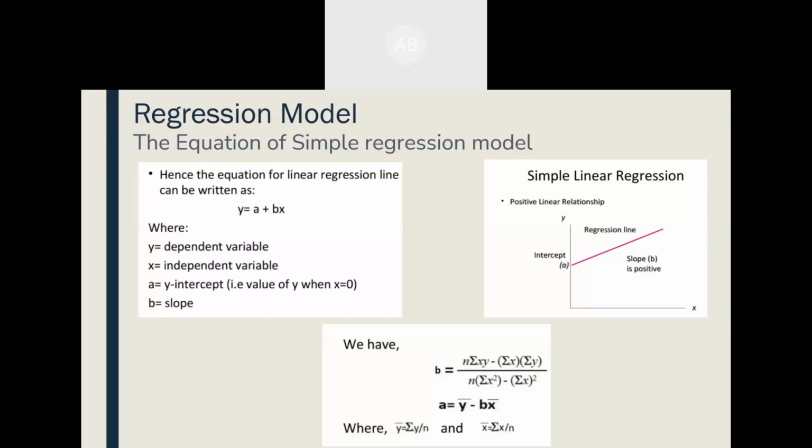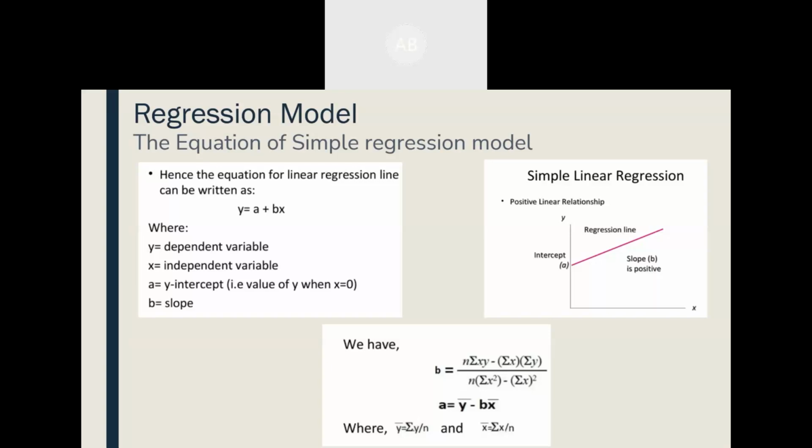X is the independent variable. Any value along x is a small x, any value along y is a small y. Then we have a, or the intercept, which is the initial value of y when x is 0. And then you have b, which is the slope. So these are the parameters which normally constitute a straight line.